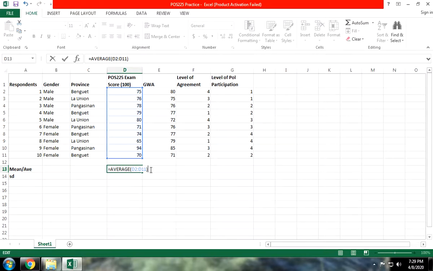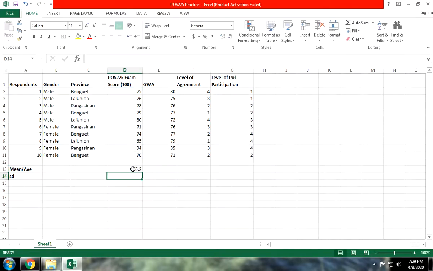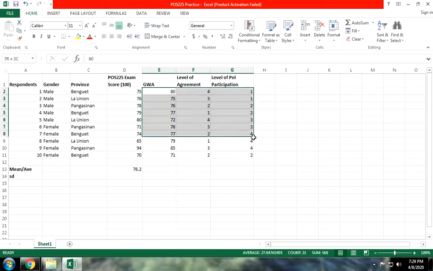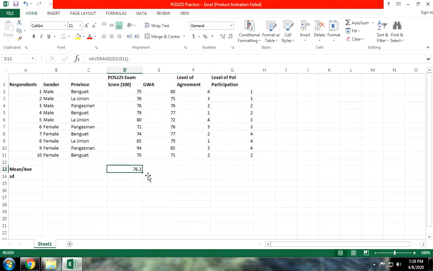However, make it a habit to always include the parentheses, especially when our functions are complicated. So, 76.2 is the exam score average of the selected 10 respondents. If you also want to find the averages of the other variables, that is easy.